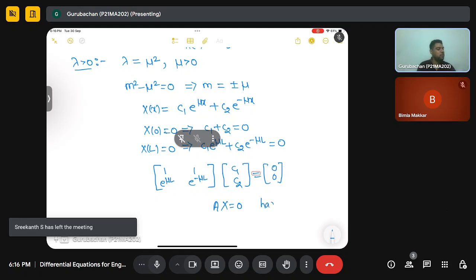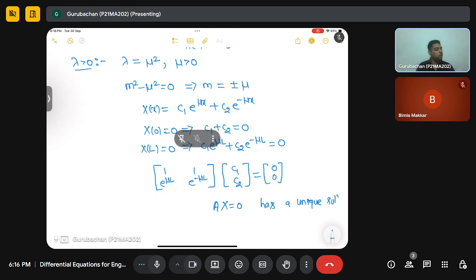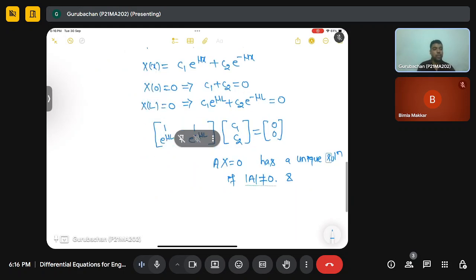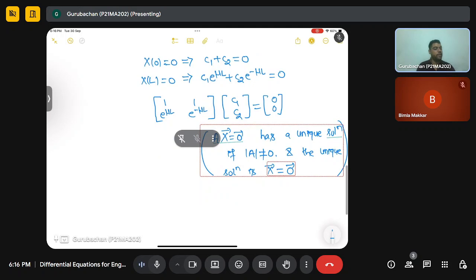This has a unique solution if the determinant of A is non-zero, and that unique solution is the zero vector x equal to 0.